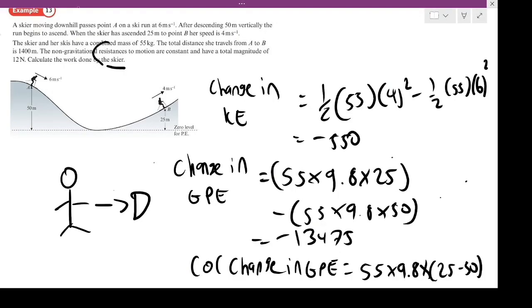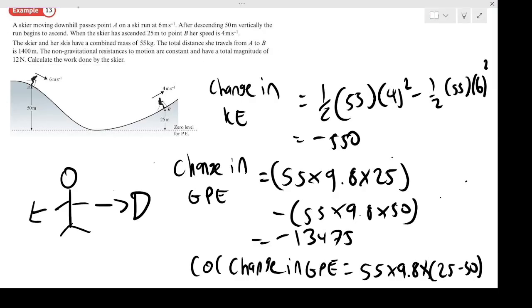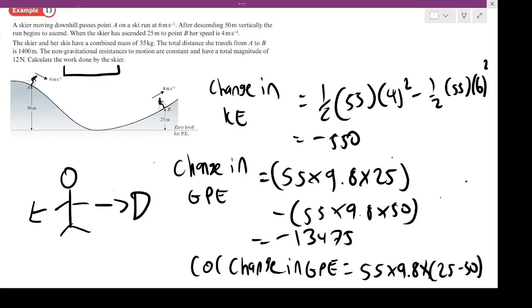But then there's a resistance force acting obviously the other way to resist the motion. Hopefully that makes sense. I know for sure there's a force forwards because it's asking me to calculate the work done by the skier. So the skier moves forward. We know the resistance force is 12 newtons.